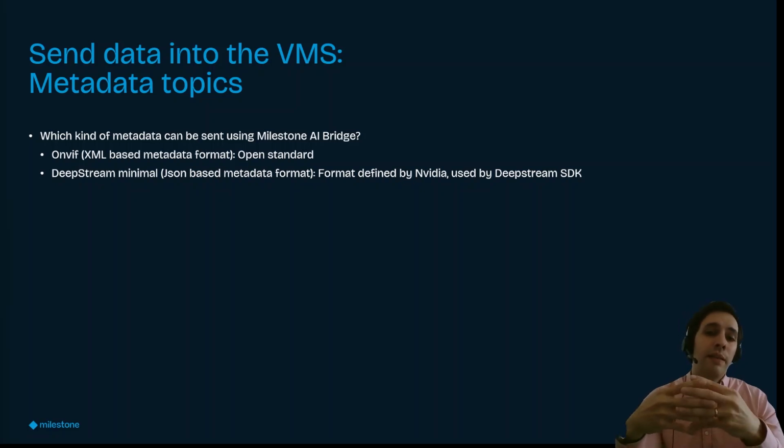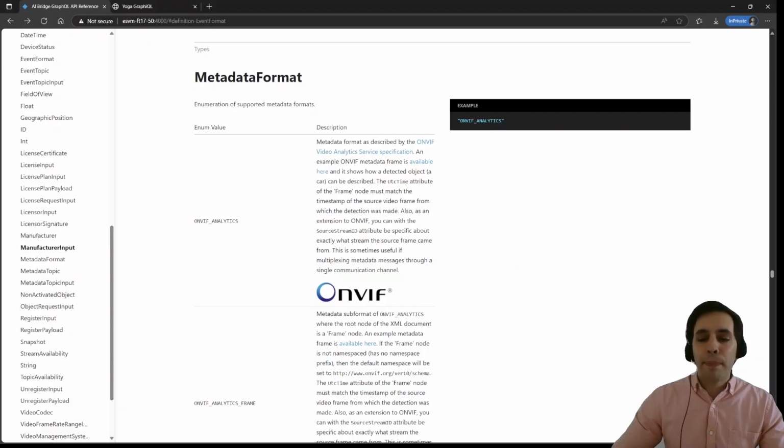When DeepStream is used, there will be a conversion handled by the AI Bridge before sending the metadata back to XProtect, since XProtect only supports the ONVIF format, but AI Bridge will handle DeepStream Minimal if it's used by the IVA application.